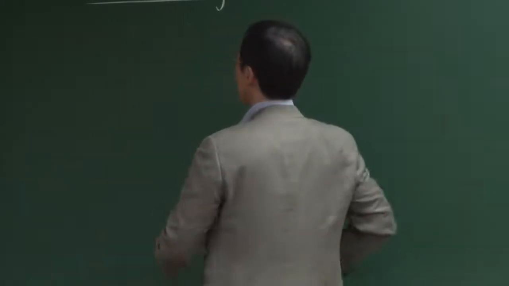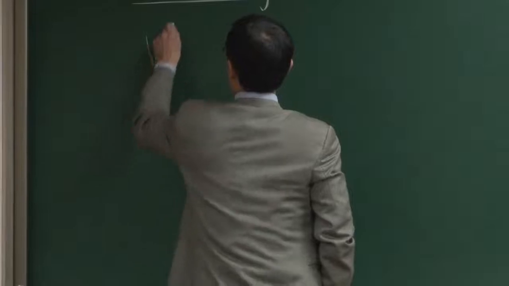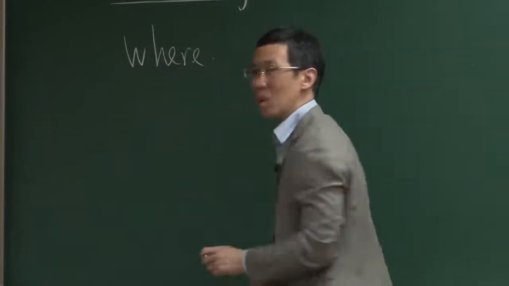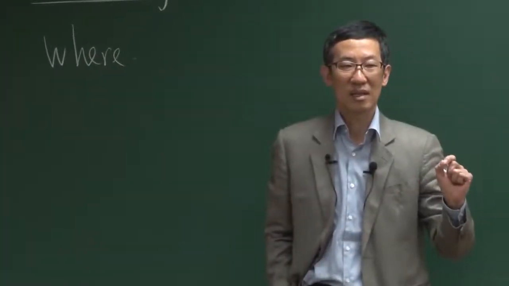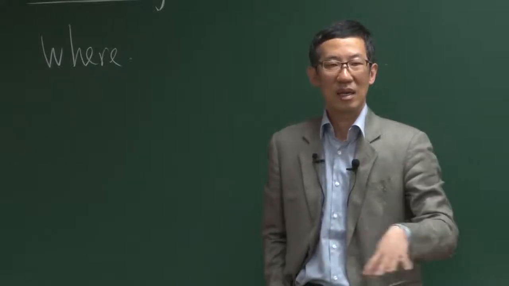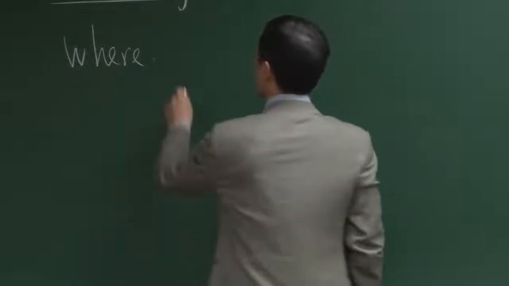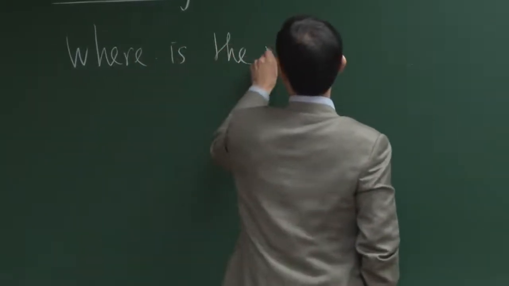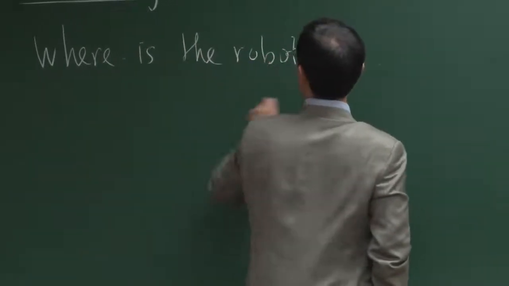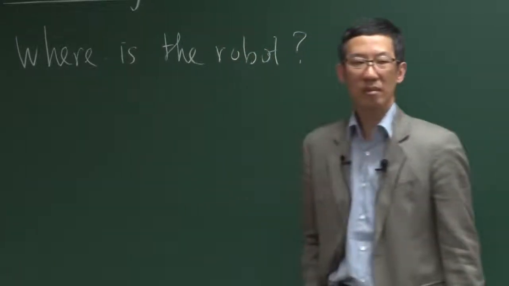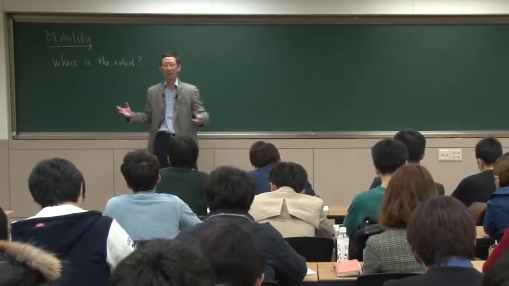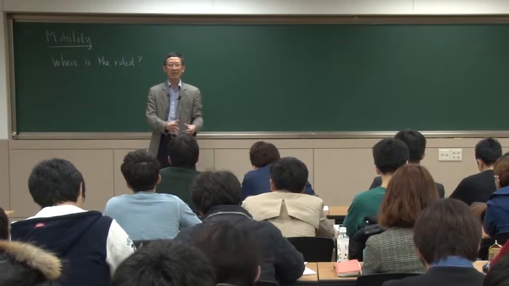So what is mobility? Well, the most fundamental question you can ask at the beginning of this course is, where is the robot? We need to know where it is, where the hand is, where the base is.